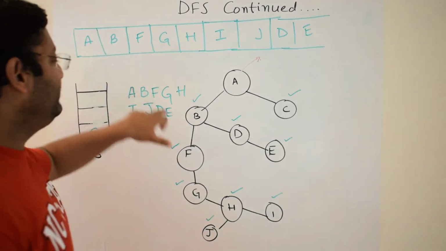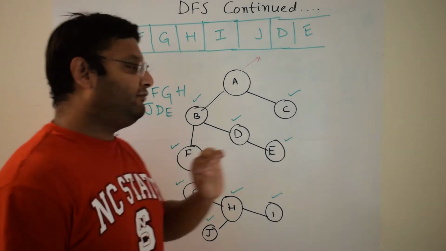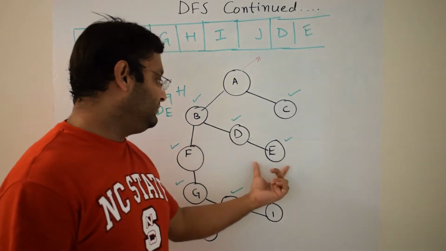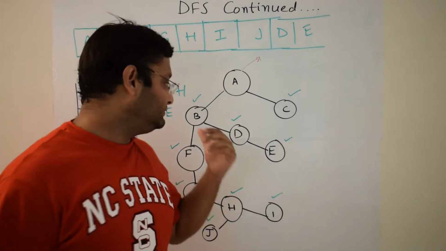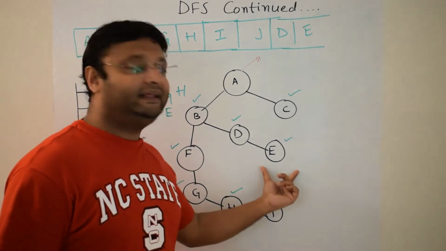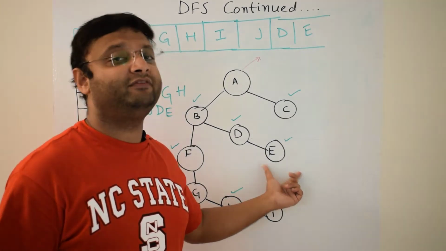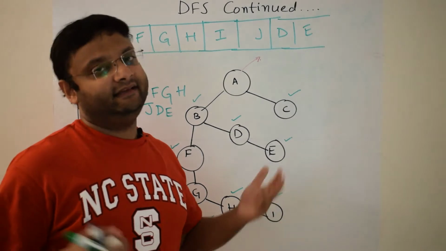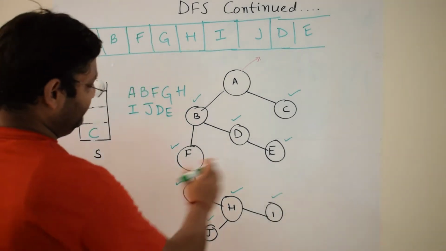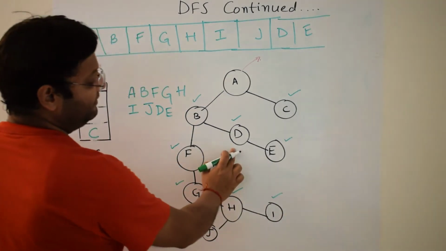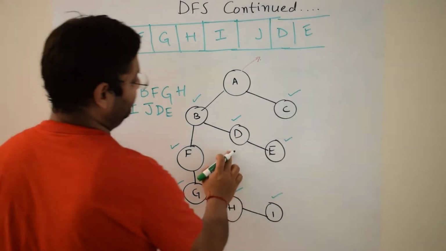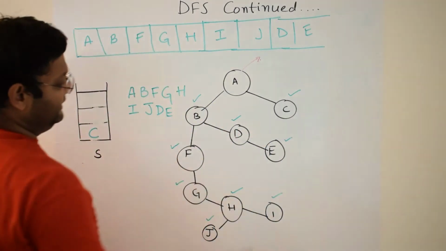So when we pop out any element, we have to check not only which are the neighbors of that vertex, but whether each has been visited or not. If it has been visited, it is as good as no neighbor. So in this case E has one neighbor D, but it has been visited. No use to us. Is there anything which can be pushed? Nothing.